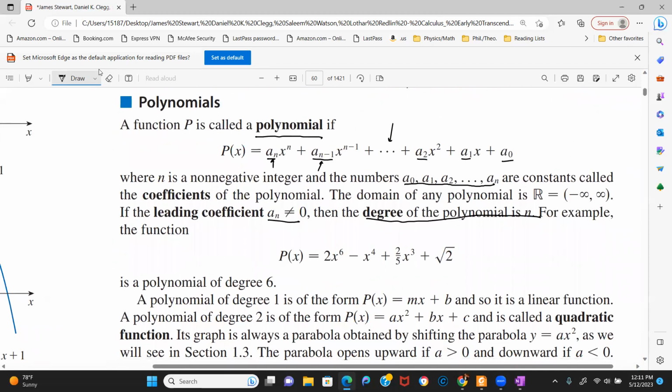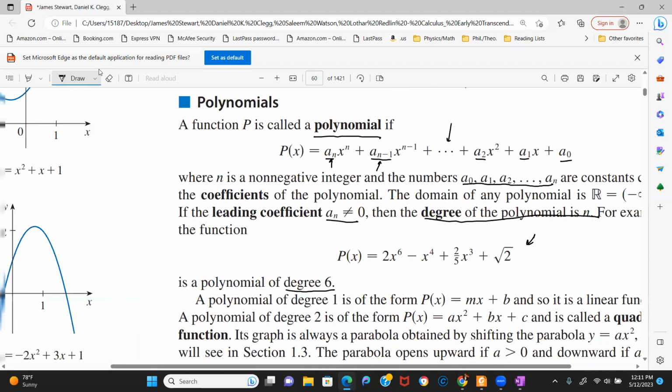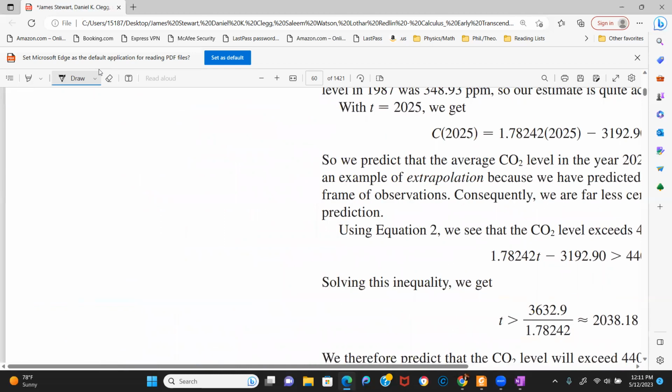So here's a 6th degree polynomial. And we have some other important ones, so let's write these down. When n is 1, we have p of x equal to a_1 x plus a_0, and this is a linear polynomial.